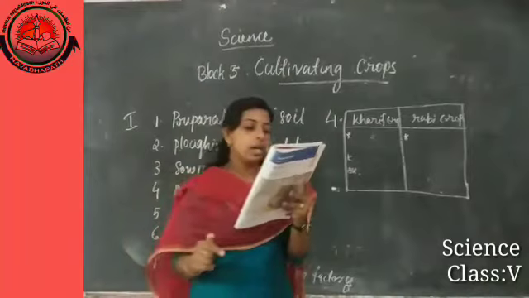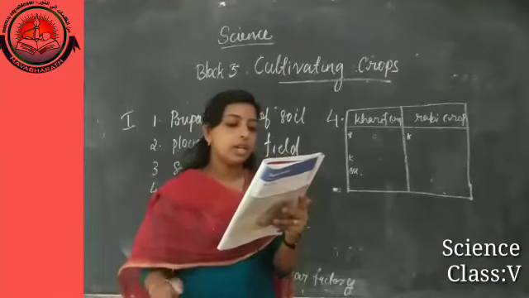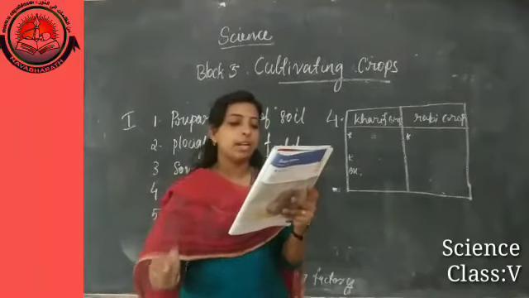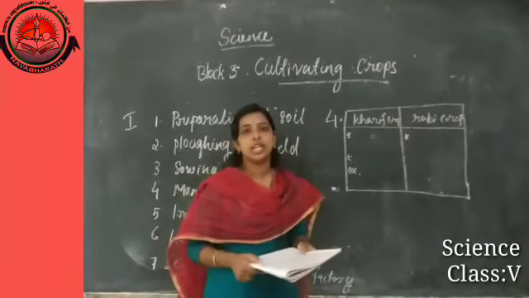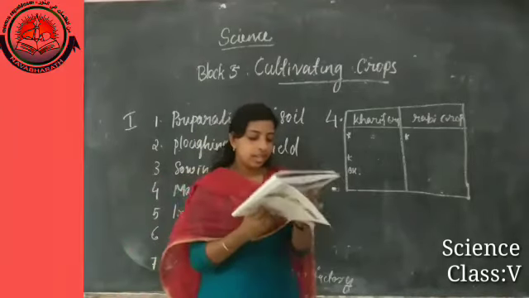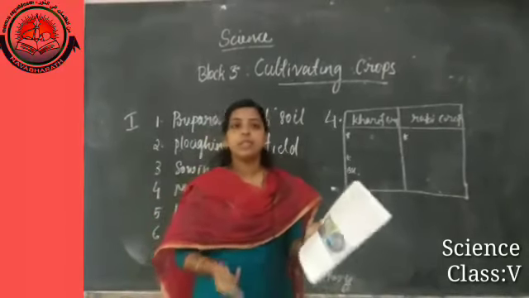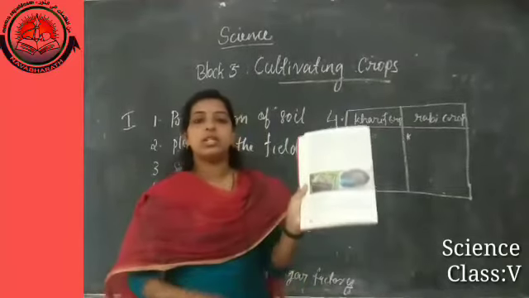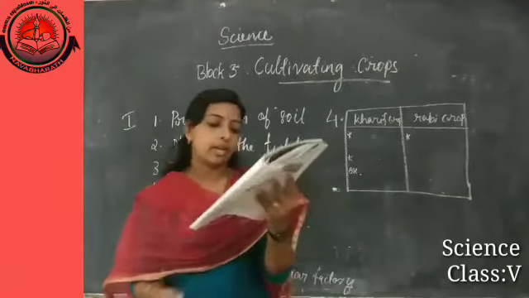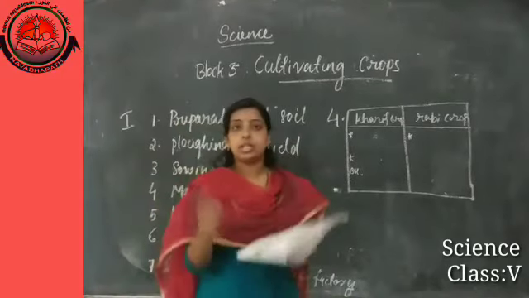Now we can discuss the seventh question. What are the 3 things that a farmer should keep in mind while sowing the seeds? That we discussed in our last lesson. Here, page number 16, the second point, like this dots you can see. In this dot, second point, 3 things.